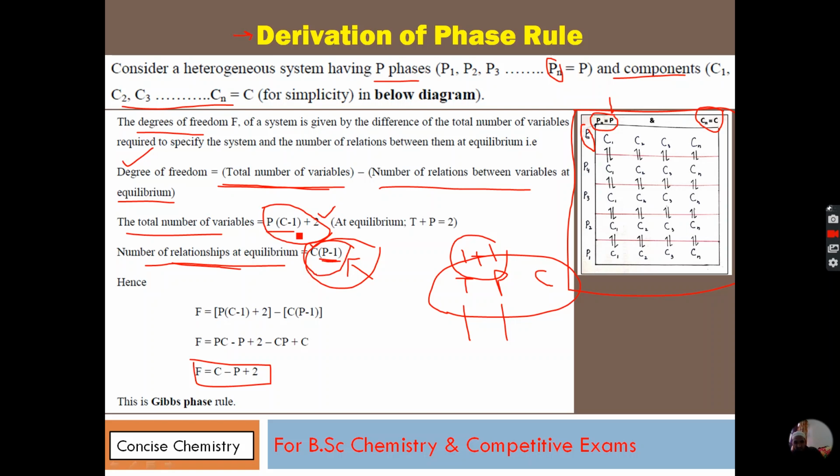Now we need this P into C minus 1. अब देखिए, अब हमें composition के कितने variable होंगे, that we have to understand because we have n number of chemical species. ठीक है, अब देखिए, किसी भी system में जो concentration है, that we also express in terms of mole fraction. ठीक है, so we write the mole fraction of, let us say हमारे पास एक thermodynamical system है, उसमें दो chemical components हैं. So we write down the mole fraction of A plus mole fraction of B equal to 1.